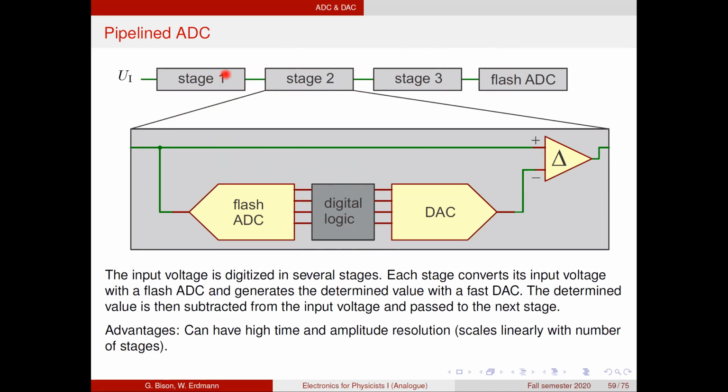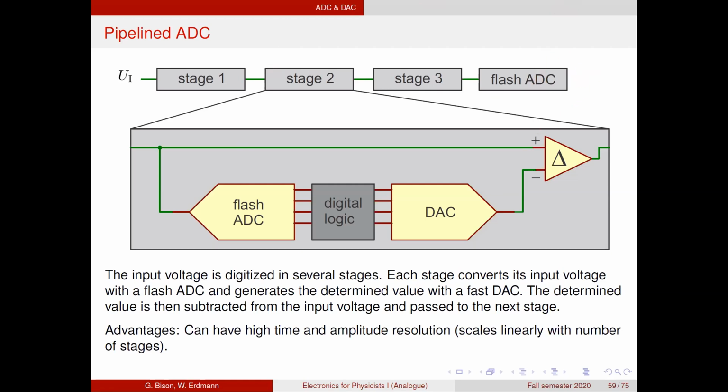And you can combine stages, so you get 3 bits here, 3 bits here, 3 bits here, and then in the flash ADC in the end, let's say you determine another 3 bits, and in the end you have a 12-bit ADC. And so the number of components that you need doesn't scale exponentially anymore with the resolution, but linearly. And this makes it much easier to determine the signals.